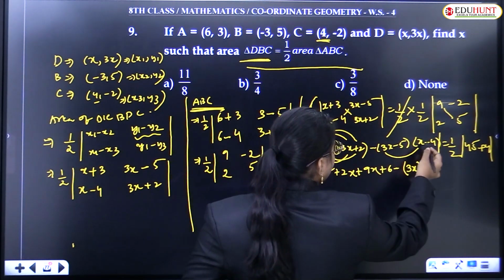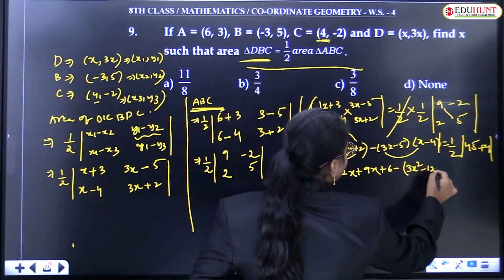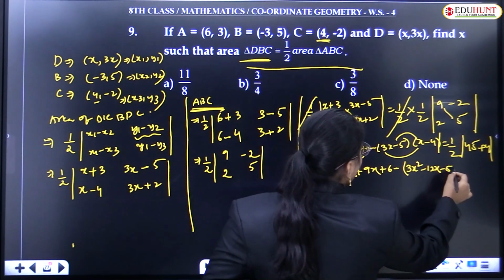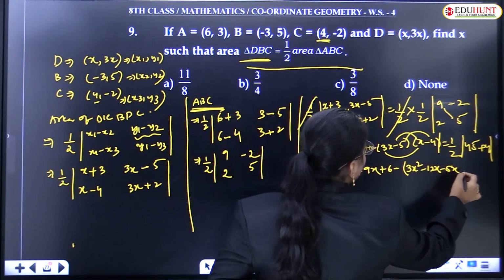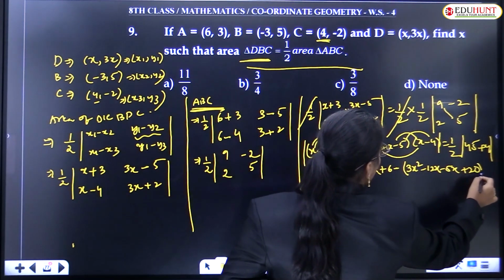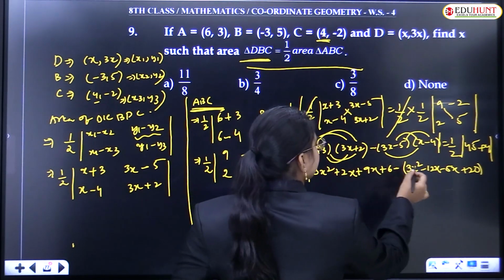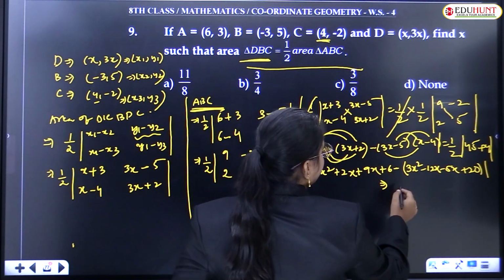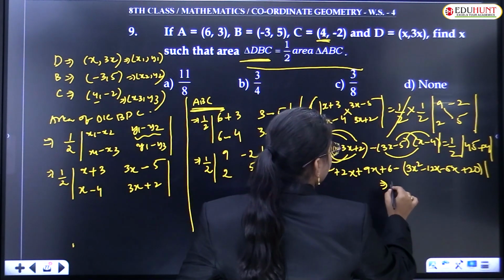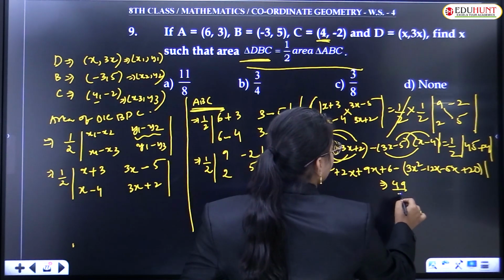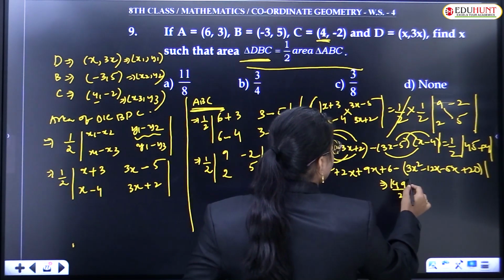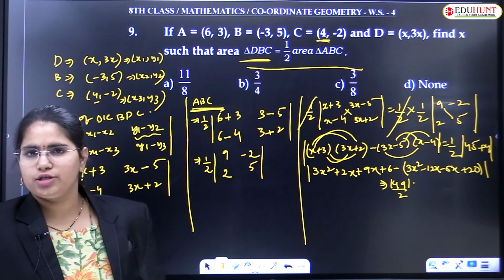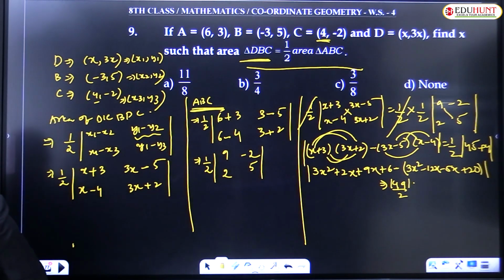And 3x into minus 4 is minus 12x, minus 5 into x is minus 5x, next minus into minus, plus 5 fours is 20, and this is under modulus, close it off. So what you are going to get? 45 plus 4 is 49 by 2, right? So this is under modulus. Modulus 49 by 2. Clear up to this, everybody?